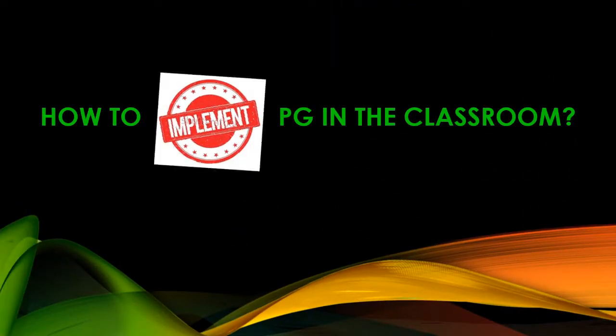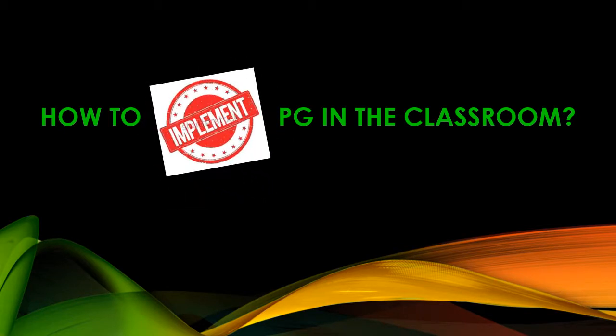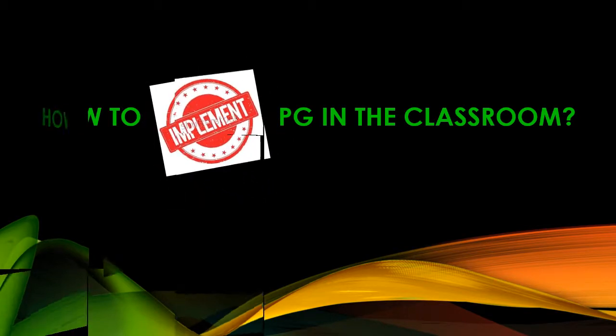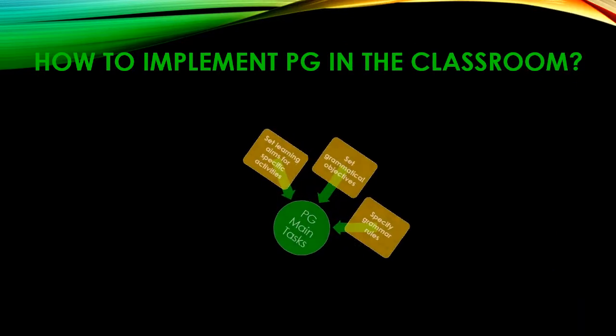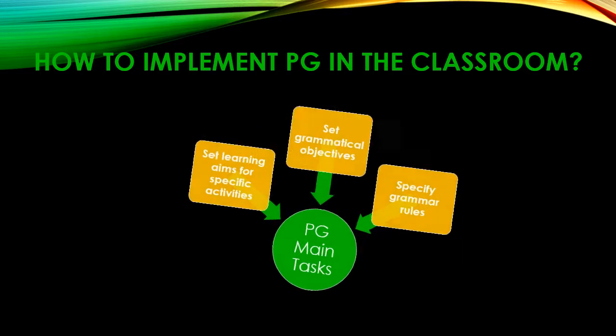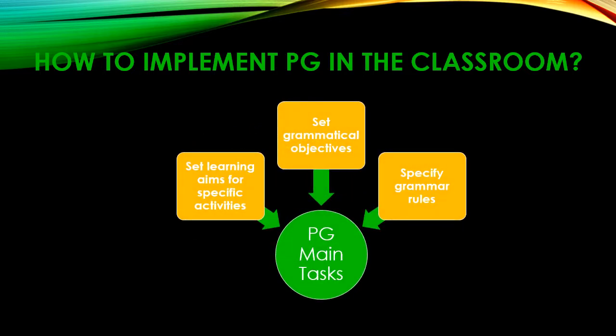But how can we implement pedagogical grammar in the classroom? Firstly, please take into consideration some of the main tasks of pedagogical grammar, which are the following. Number 1. Set grammatical objectives according to your lesson plan, textbook, or syllabus. Number 2. Specify grammar rules and share those rules with learners.